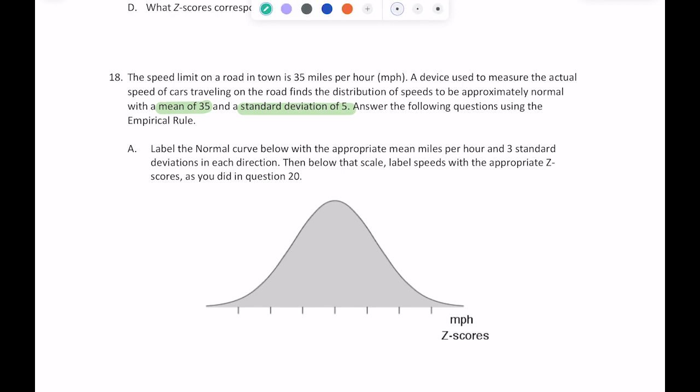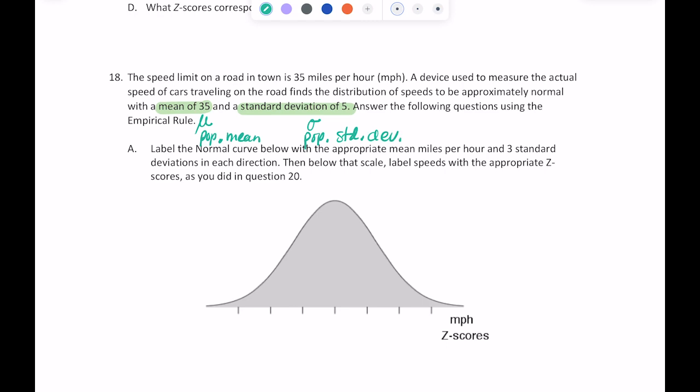So remember that this is actually mu and this is sigma. Mu is, again, the population average or population mean. So you're taking into account all these cars whose speed was taken. So that's your population. And then we found the standard deviation as well. It was given to us in this problem. This is our population standard deviation of 5 miles per hour.